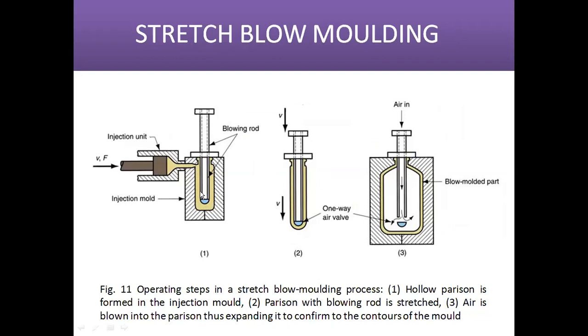Then this hollow parison with the blowing rod is taken into the mold cavity, and then air is blown into the parison, thus expanding it to conform to the contours of the mold. Okay, so this is called stretch blow molding.